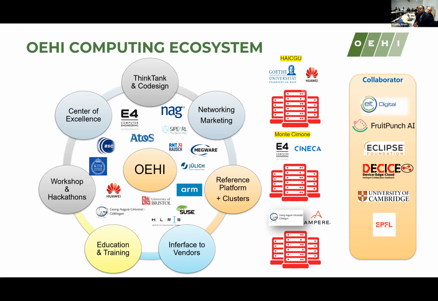There are also other institutes in Germany like Jülich, HLRS, also KTH from Sweden, BSC from Barcelona, integrators like E4, Megware, and also ARM is already there. So we have a group of industry partners and also academic institutions, and we've also brought in a lot of scale-ups now through the EIT Digital platform to start working with us in this OEHI.